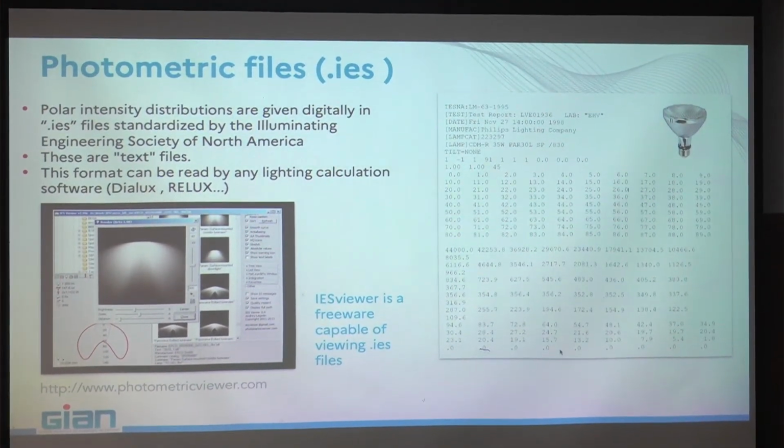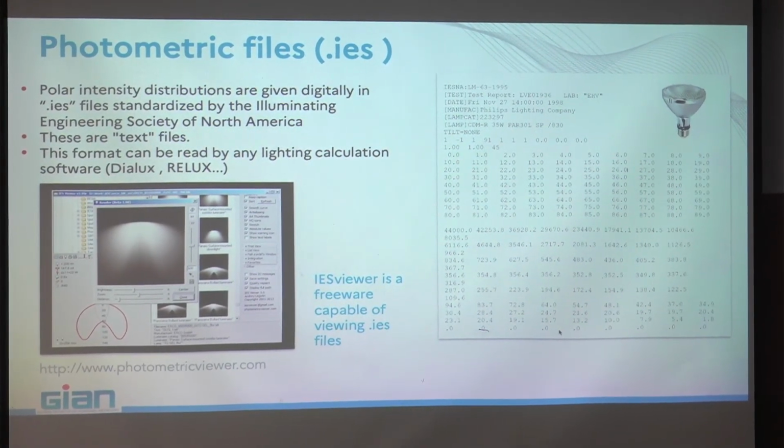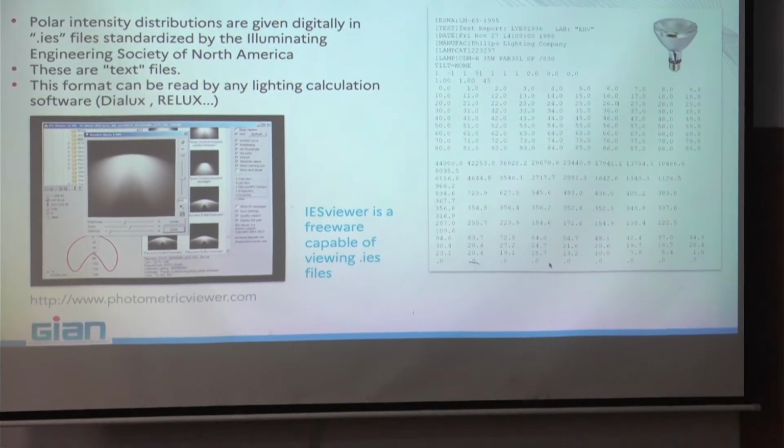Well, as I told you, those files are used by lighting simulation software. There are two kinds of software. One is called Dialux and the other is called Relux. Both of them are used by all professionals and they are absolutely freeware, because it has been established by a consortium of industry, and the idea was to abolish publishing such information in paper format.